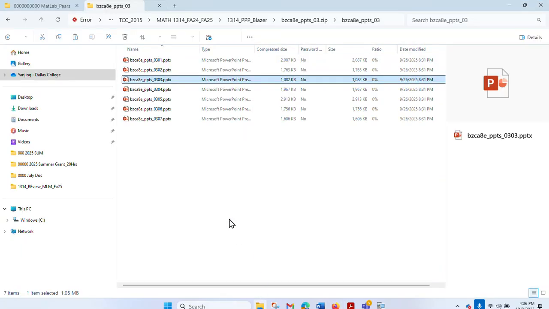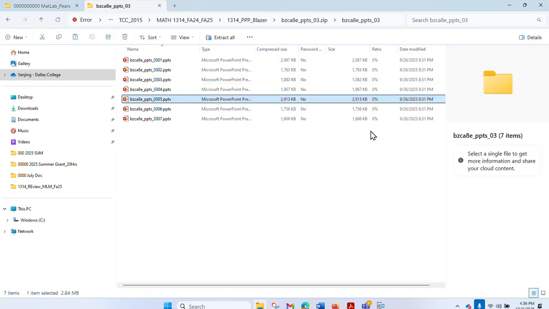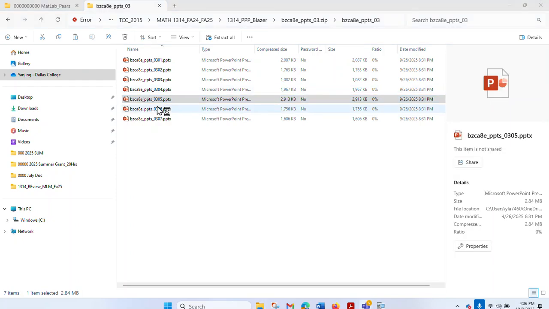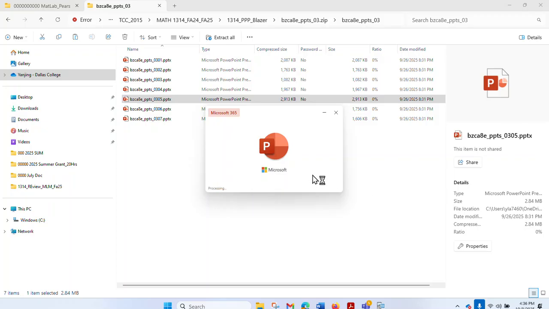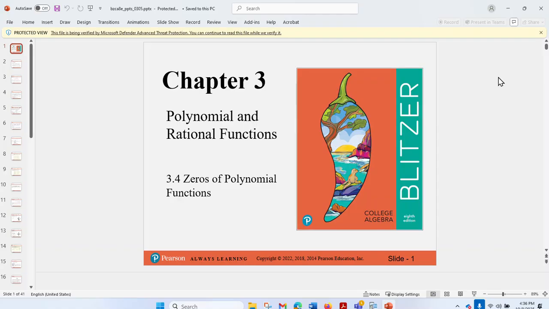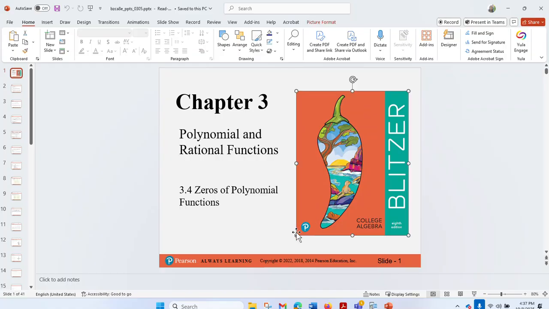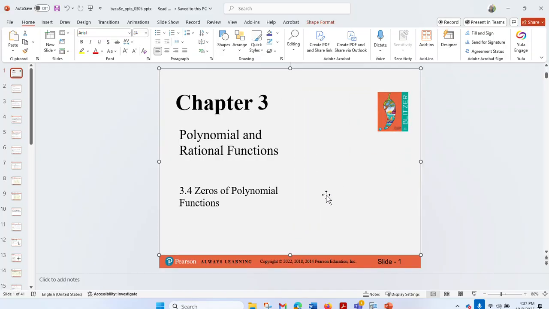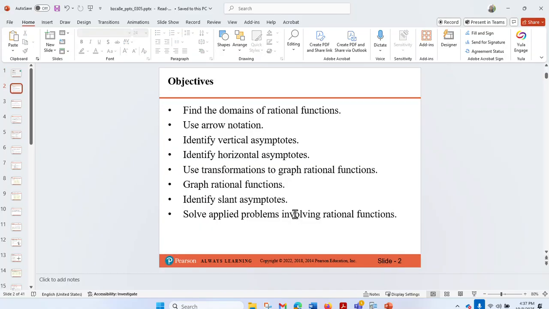Okay, next, 3.5. Okay, so in 3.5, we want to be able to identify the vertical and the horizontal asymptote for the function, basically.